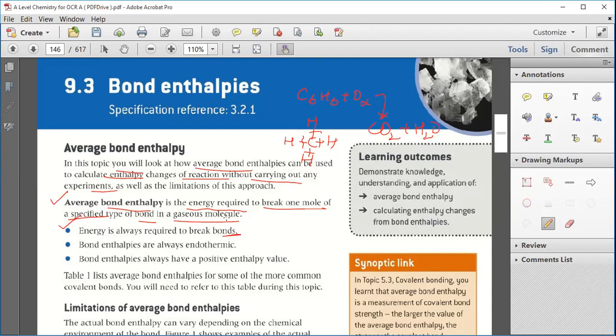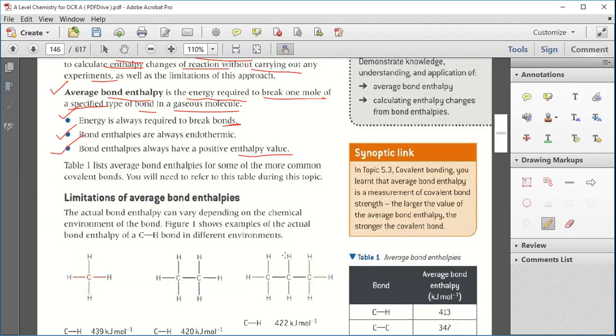Whenever you need to break a bond, you need some energy, and bond energies are always endothermic. It means they require some amount of energy. They are not going to give energy. And bond enthalpies always have a positive enthalpy value. Okay, clear? So bond enthalpy is always a positive value.